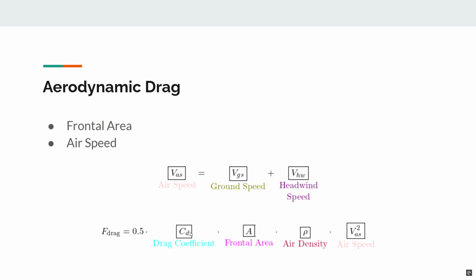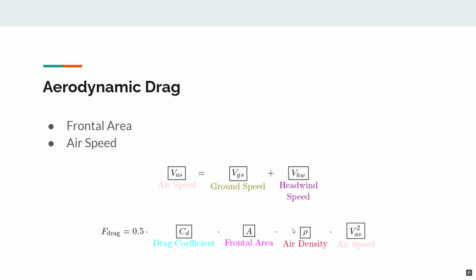That's a reasonable drag coefficient that we may find as a rider. Then we multiply this by the frontal area, what I explained before. So it's the part of your body that is going towards the air.